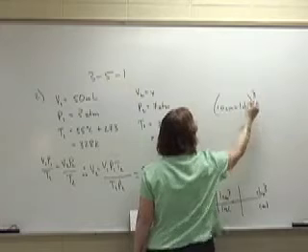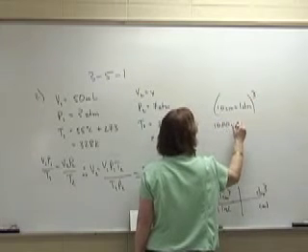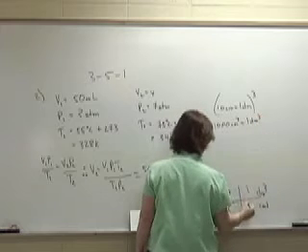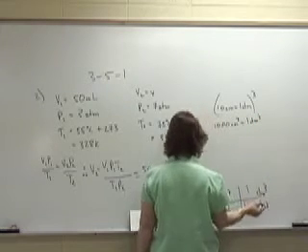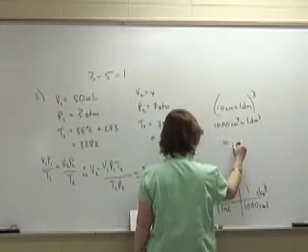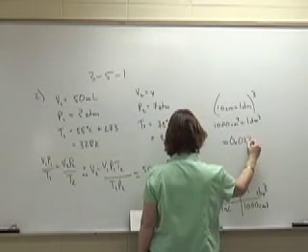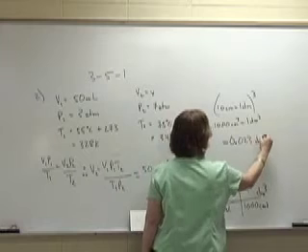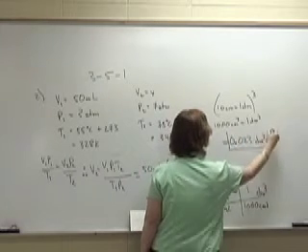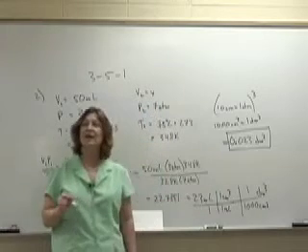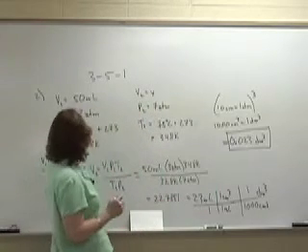When I cube 10, I get 1,000 centimeters cubed is equal to 1 decimeter cubed. Therefore, my final answer is 0.023 decimeters cubed. And that's how you do number 2.